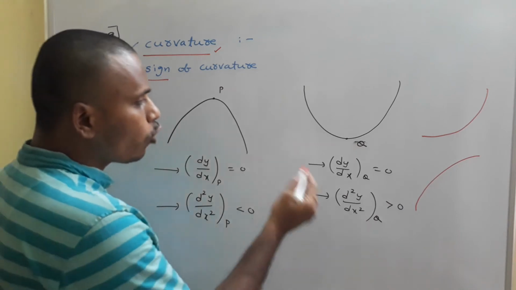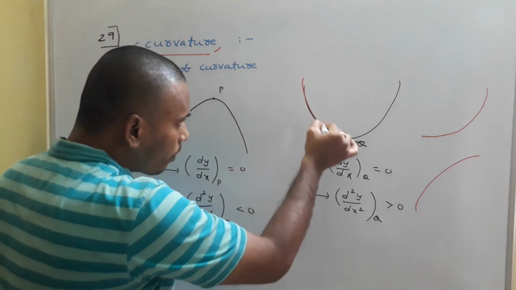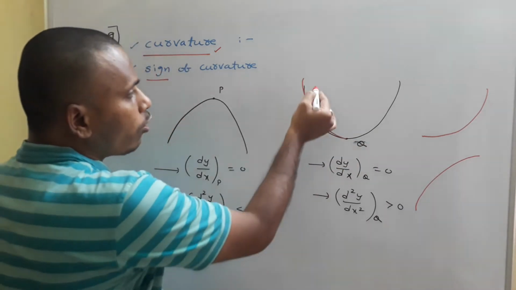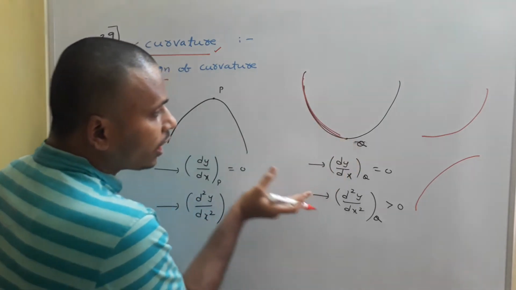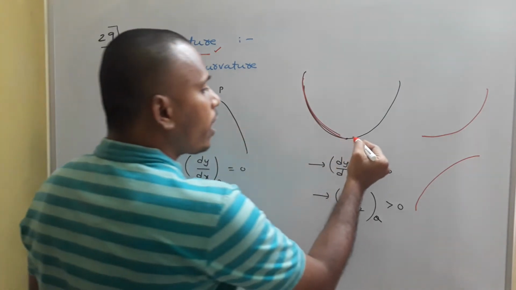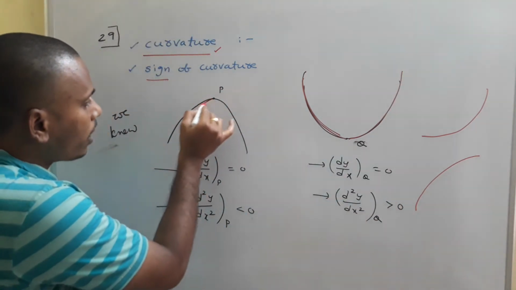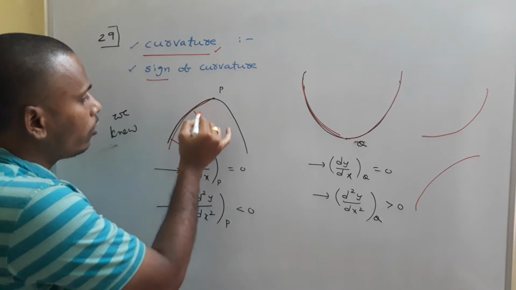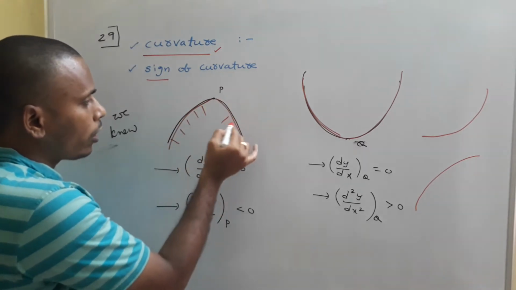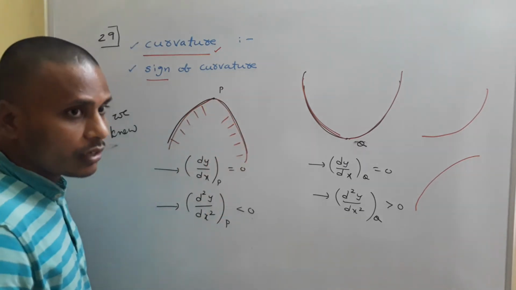Once you observe, just look at this part of the graph. This part of the graph is just like concave upwards, and this part is also looking like concave upwards, whereas this part of the graph is looking like concave downwards, and this part is again looking like concave downwards. Is it right?